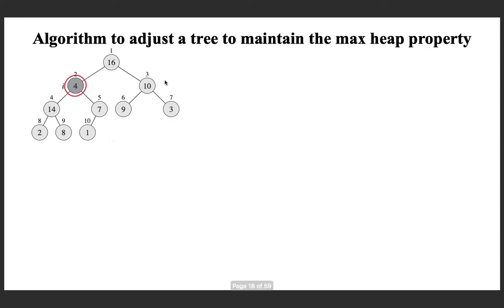Now consider this tree given to you, and not only the tree but also an index of a node is given. The index given is I, which is 2 in this particular case. Now you can see that this is not satisfying the max heap property, because if you look at the left child, the root node does not have a value greater than or equal to the left child.